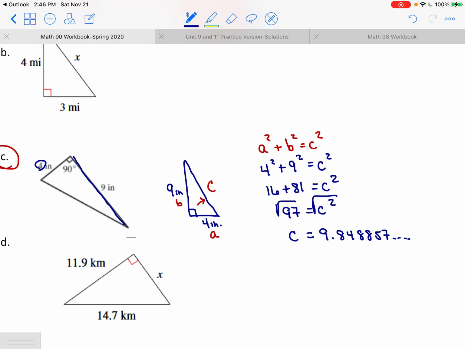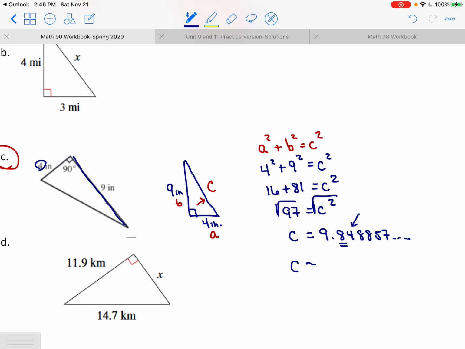So then I always have to go back and remember what it asked me to round to. And remember that this asked us to round to the tenth. Okay, so we know that we're rounding to this place value here. This next number is a 4, so we're going to keep the tenth as it is.